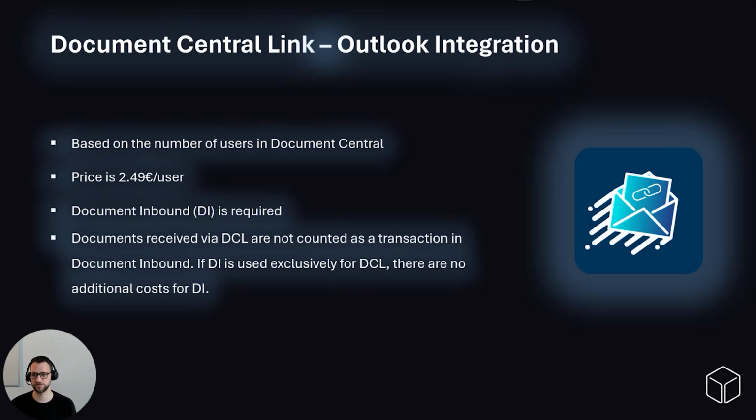And as I already mentioned, document inbound is required for this because it takes care of the processing of the incoming documents from Outlook. And if you are only using document inbound for the processing of documents from Document Central link, there will be no additional transaction costs because you or your customers are already paying the €2.49 per user. If you exclusively use it for Document Central link, there will be no additional transaction costs for document inbound.